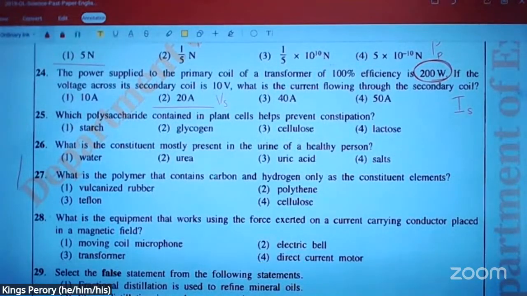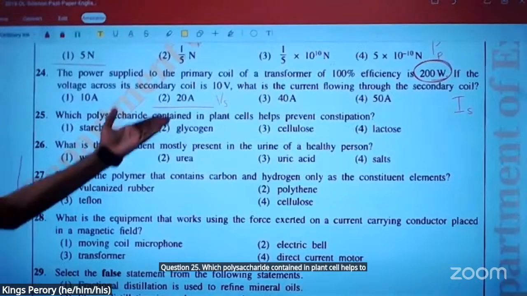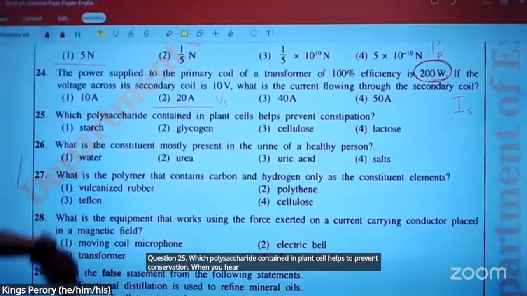Question 25. Which polysaccharide contained in plant cell helps to prevent constipation? When you hear the word constipation, you should know the answer.